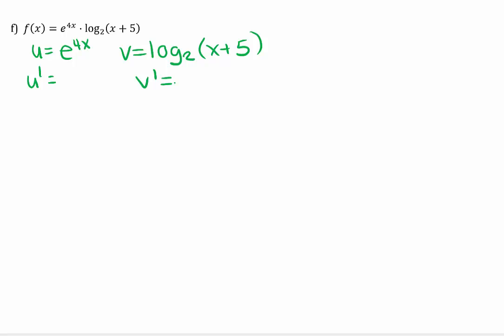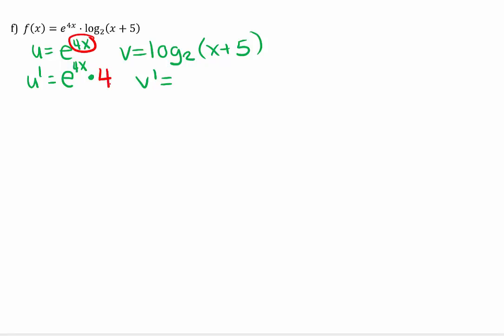I'm going to try to do this without writing it out this time, without the u's and the y's. Okay, so for the u, e to the 4x, we have e to a power. The derivative of e to a power is e to the power. The chain rule says we have to multiply by the inside function, what was inside that power. And so in this case, we have to multiply by 4.